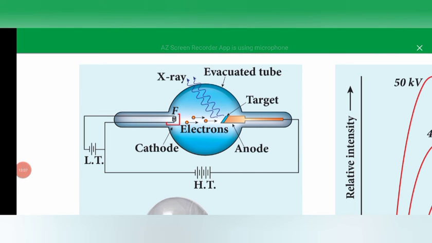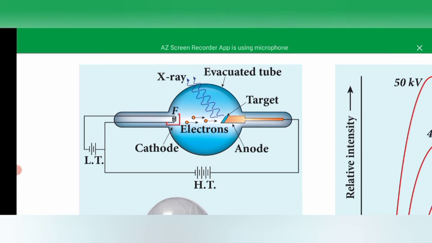This is the picture of the production of X-rays. X-rays are produced by this tube, called the Coolidge tube, which is essentially a discharge tube. A tungsten filament F is heated by a battery. As a result, electrons are ejected from it by thermionic emission.